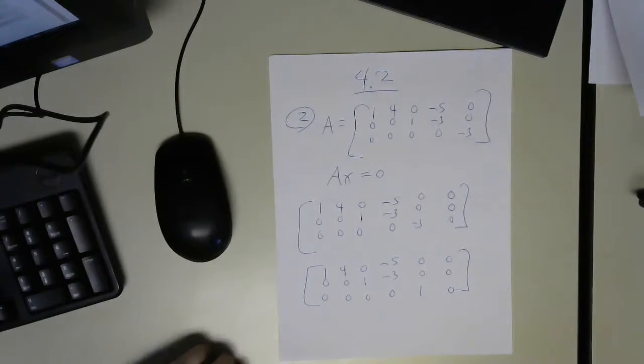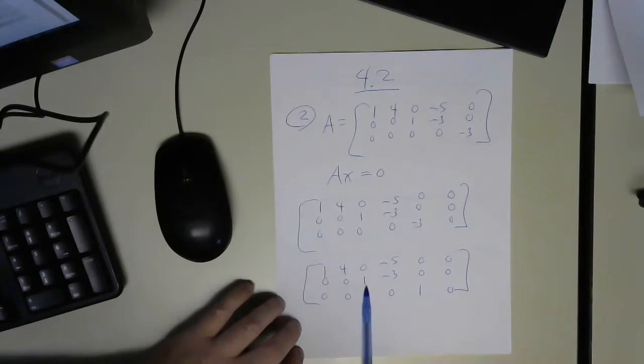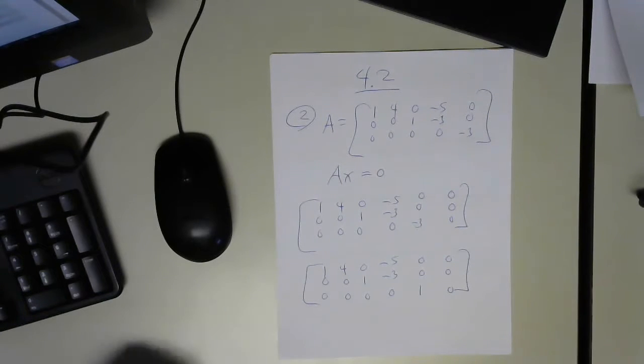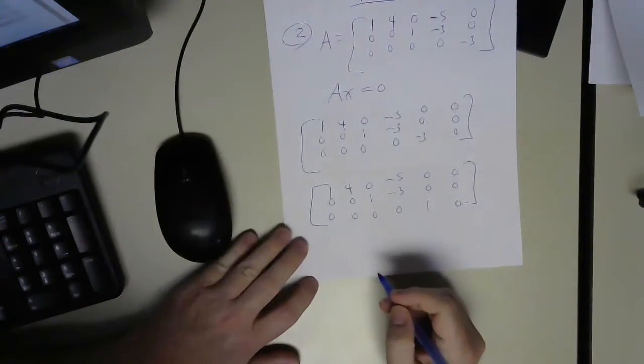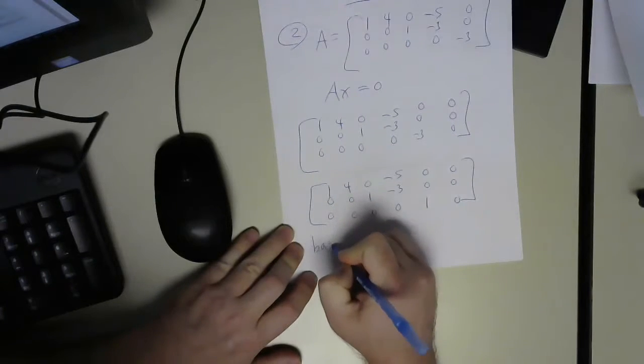Okay. Because notice every non-zero entry in every row is to the right of the first non-zero entry of the row above it. And also, all of the other entries in those columns are zeros. So it looks like we will have some free variables and also some basic variables.